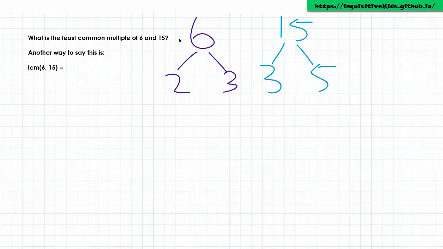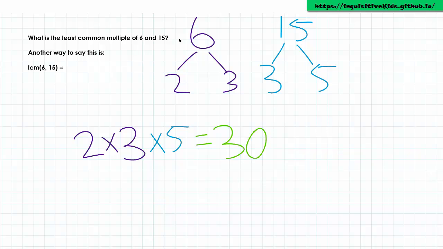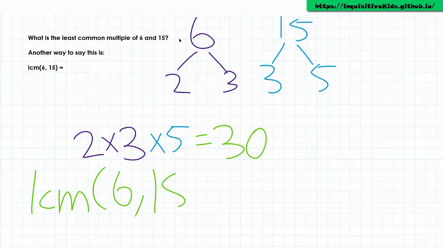The prime factorization of 6 is 2 times 3. 15 also has a 3, which means that we only have to multiply one more 5. 2 times 3 times 5 equals 30. The LCM of 6 and 15 is 30.